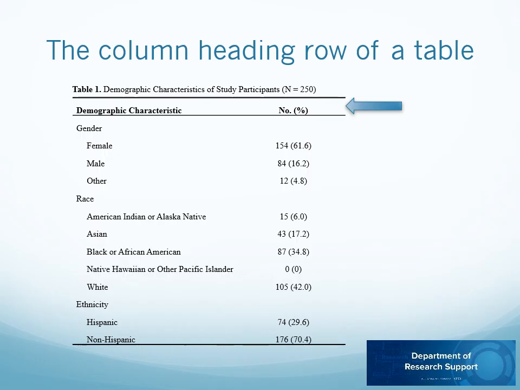Please note the NO period notation is used for frequency, or also known as number, in tables. Because the column heading label indicates that reported data in parentheses is a percentage, you don't have to include the percent symbol in individual data cells.